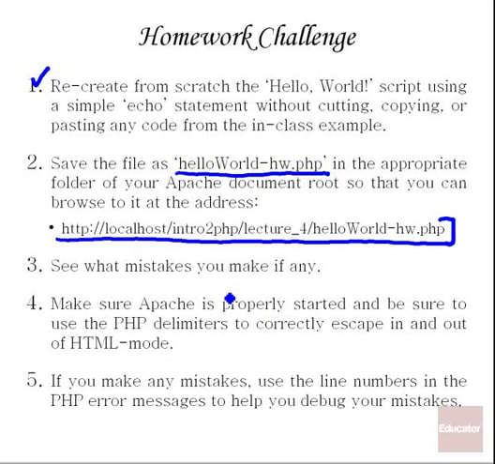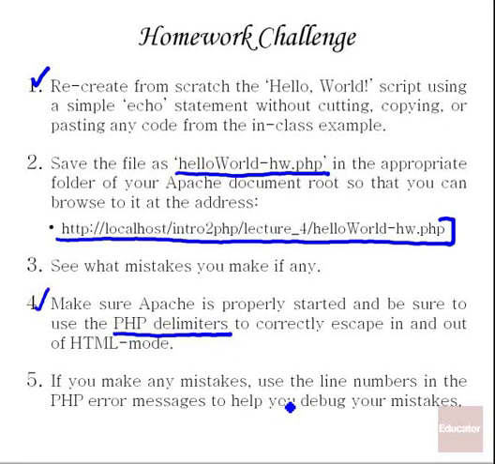And as you go along the way, see if you make any mistakes. You might see some error messages, and try to figure out where you went wrong with your code, if you didn't save it in the right spot. For example, if you're having trouble viewing it, or if you're getting an error message from PHP. Also, be sure to make sure that Apache is properly started, and that you appropriately escape in and out of HTML using the PHP delimiters.